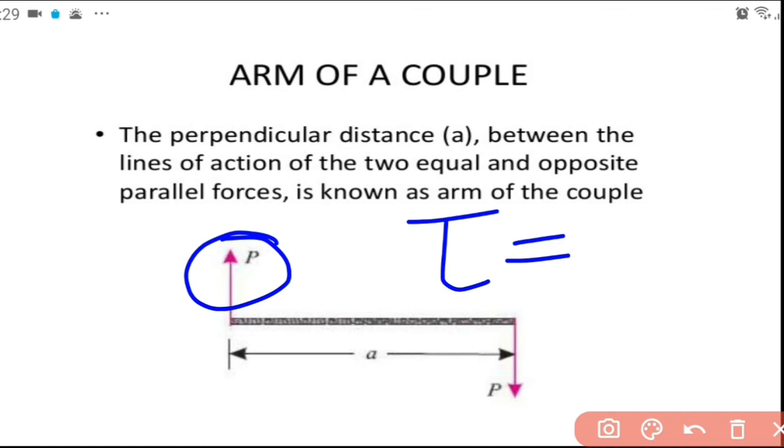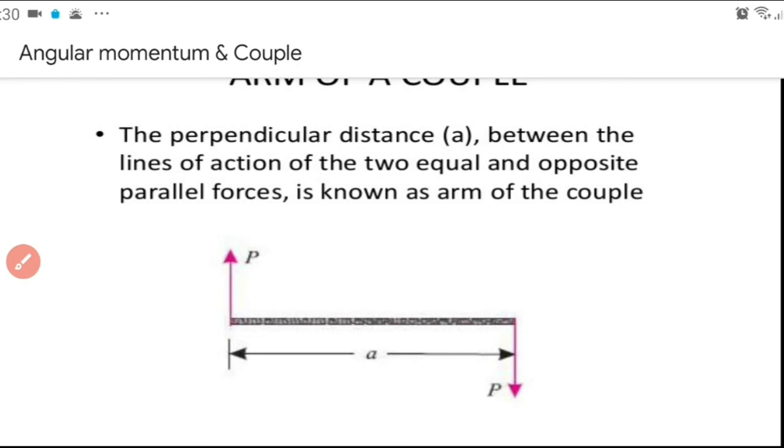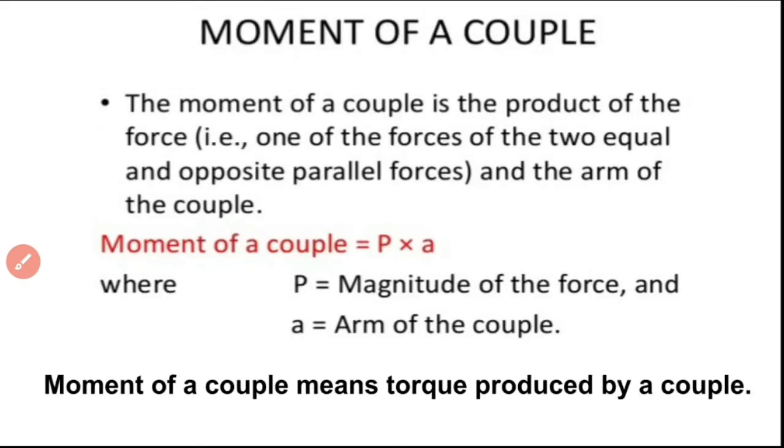So here it is given by P into A, where P is one of the forces and A is the arm of the couple. Or in short, the moment or the torque due to a couple is one of the forces into the perpendicular distance between the lines of action. That's the torque produced by a couple.